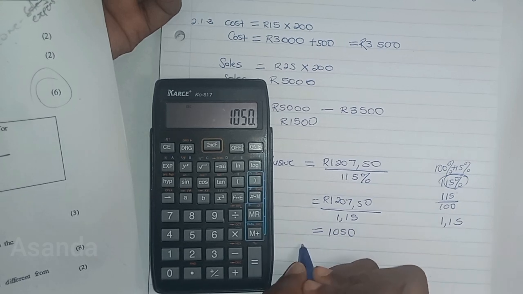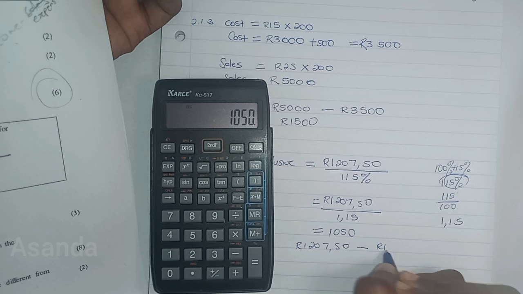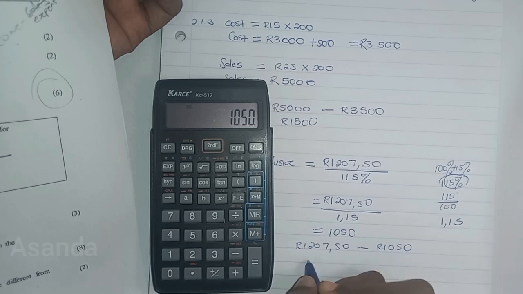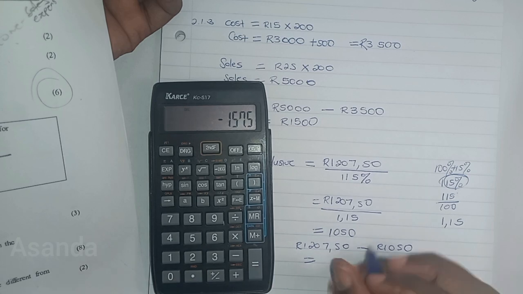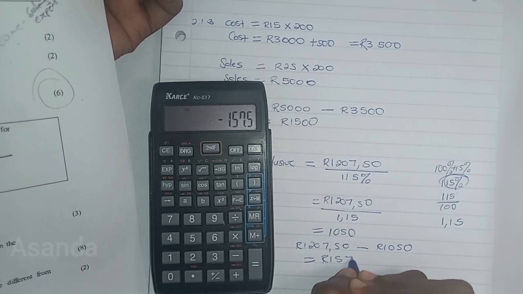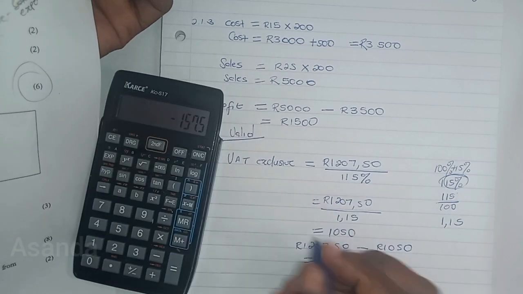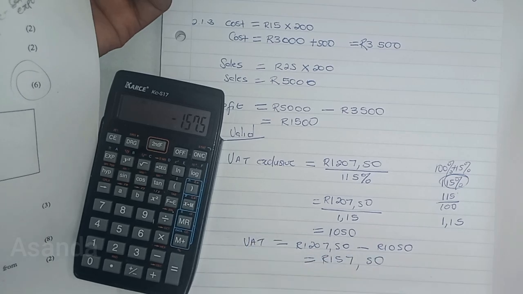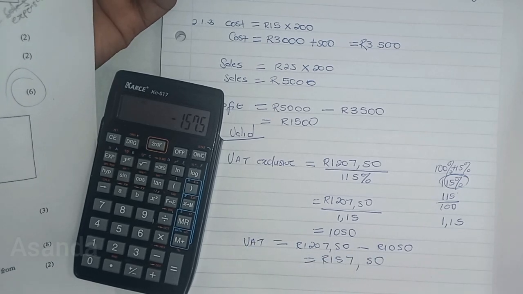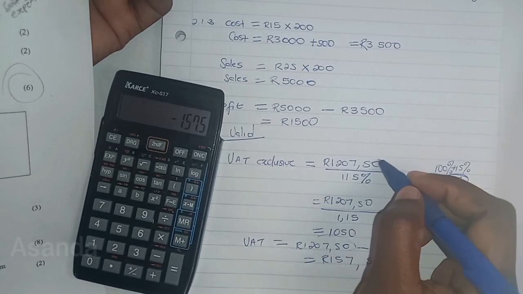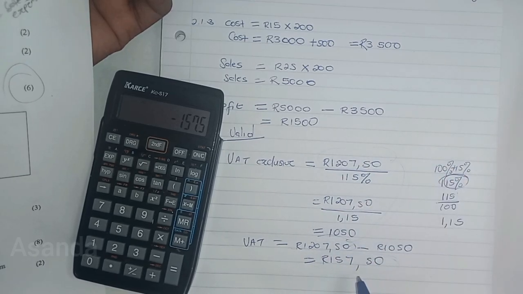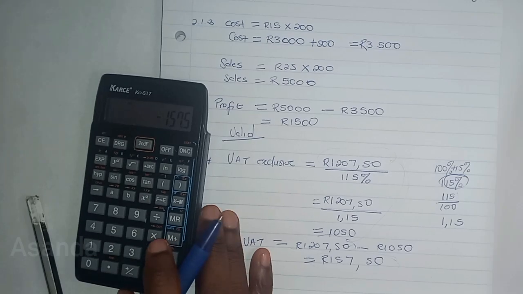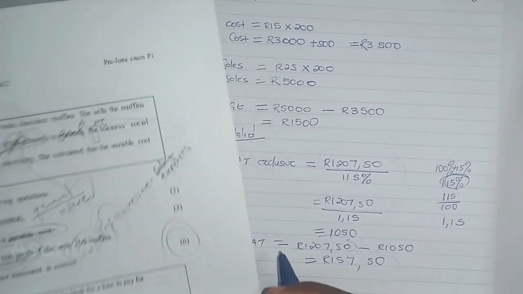Then I just do the last part where I say 1,207.50 minus 1,050, and then I get 157 rand and 50 cents, which is my VAT. So this is VAT exclusive and this is VAT inclusive. When you subtract them, you get VAT. So please, if you're still struggling with VAT, do check out the VAT topics.